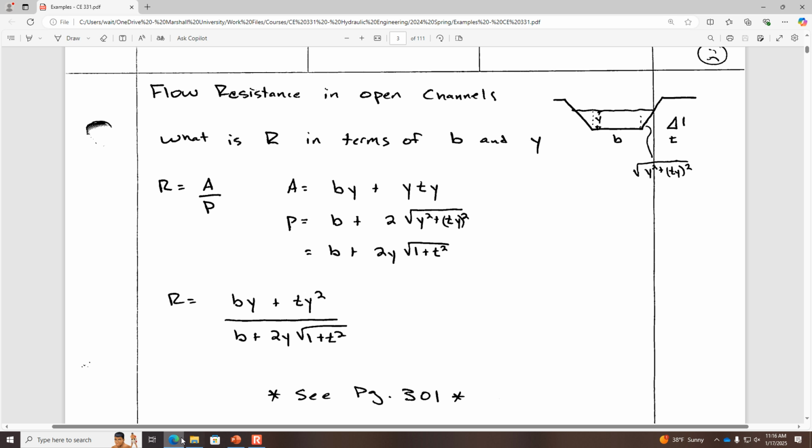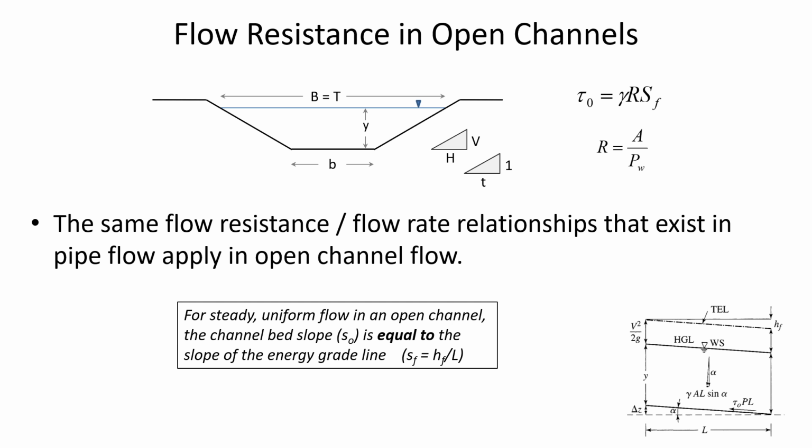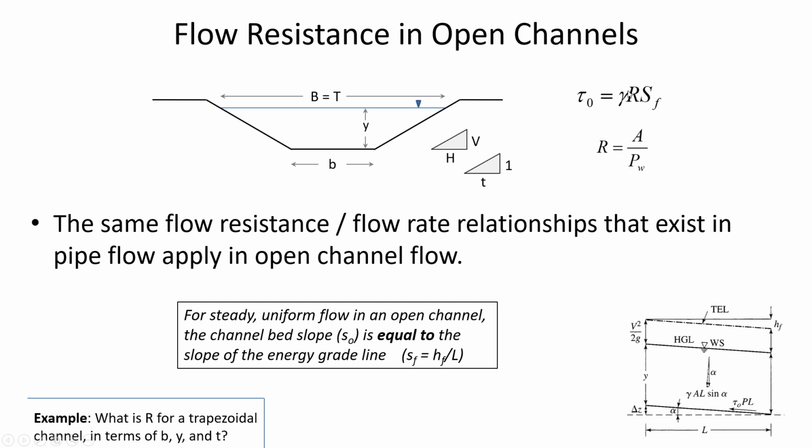And then, if you know the hydraulic radius, you can relate the slope of the energy grade line, the shear stress, and the unit weight of water: the shear stress is equal to the unit weight of water, hydraulic radius, and slope of the energy grade line. So any questions about the trapezoidal geometry or open channels in general?